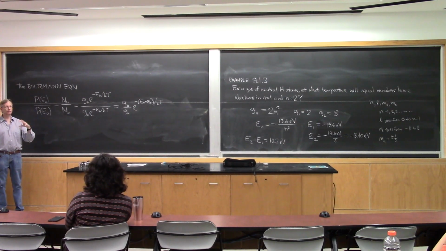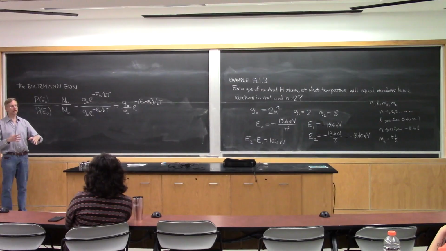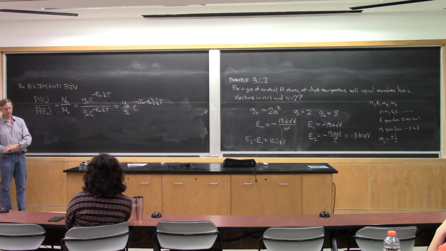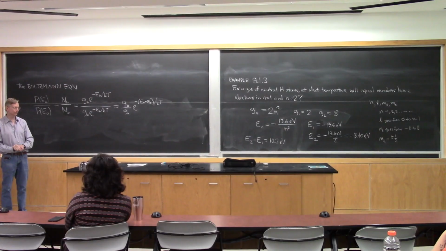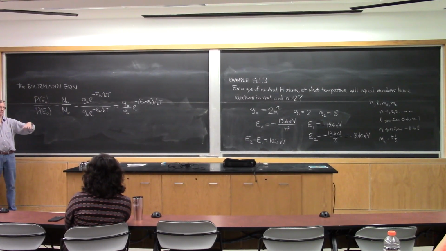And in equilibrium, remember, every process and its inverse go at the same rate, and that's why overall the number of atoms in each different energy level stays constant to within statistical fluctuations, because any given atom spends some of its time in the ground state, some of its time in n equals 2, some of its time in n equals 3. This ratio will also be the fraction of the time any given hydrogen atom is in n equals 2 versus n equals 1.